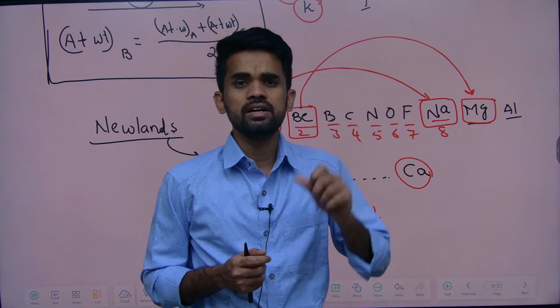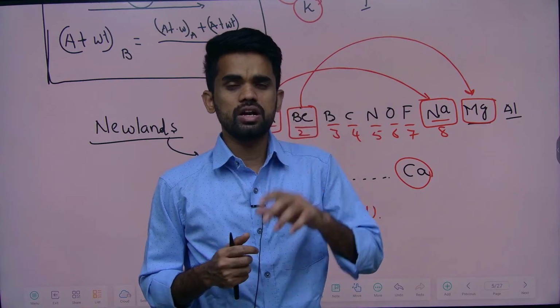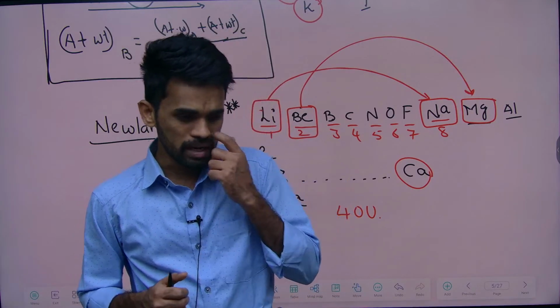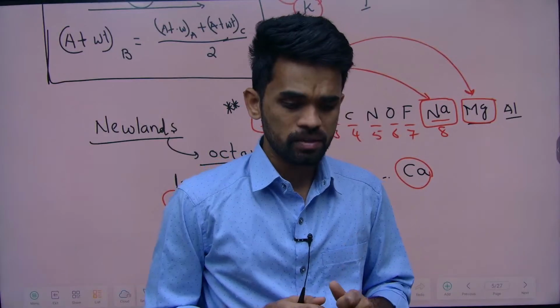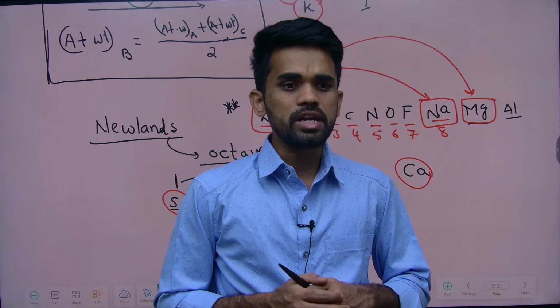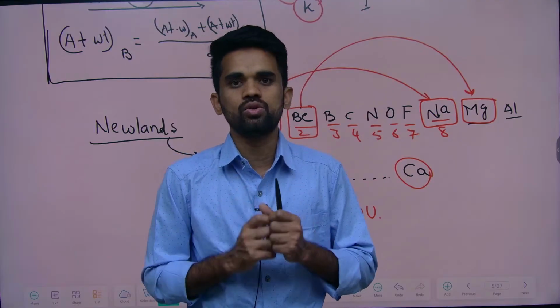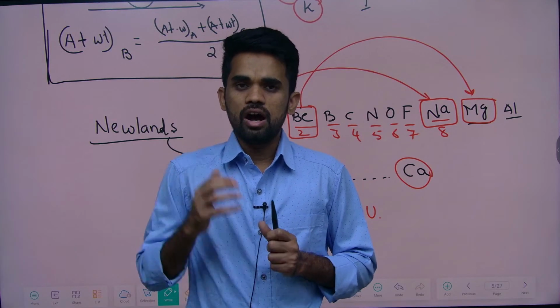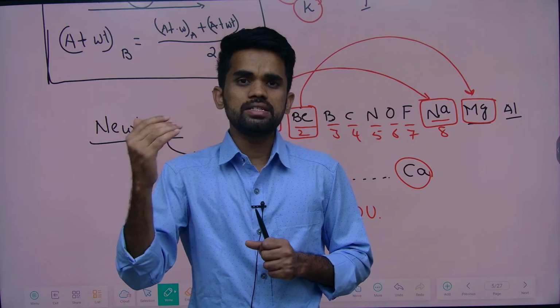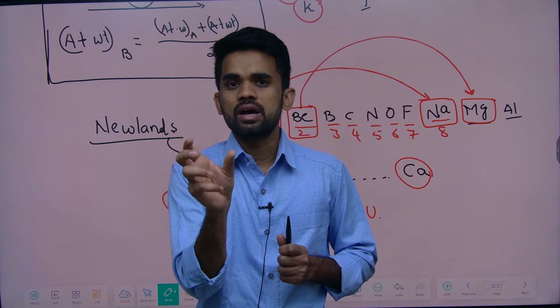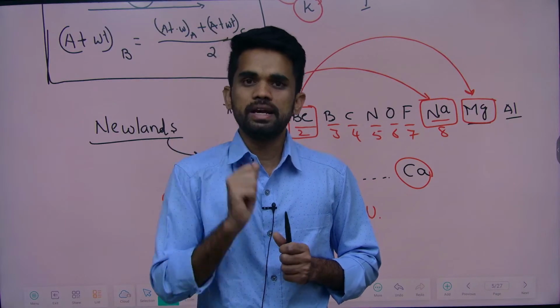Mendeleev gave his periodic table with some predictions: he left some space for elements that were not known, and later, after a few years, those elements got discovered and fit exactly into the space predicted by Mendeleev.